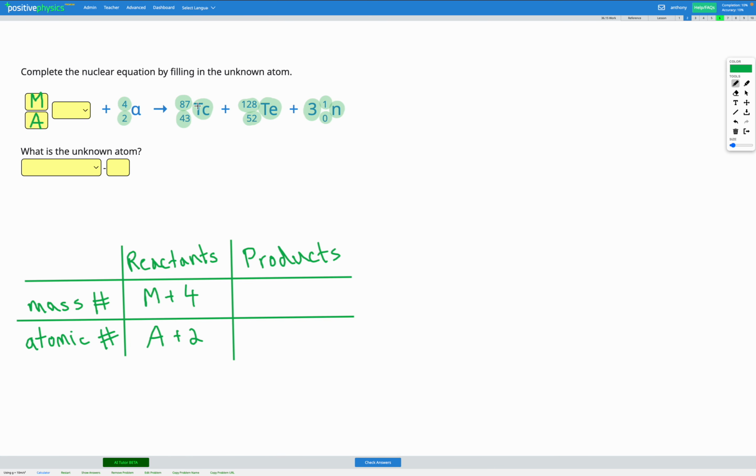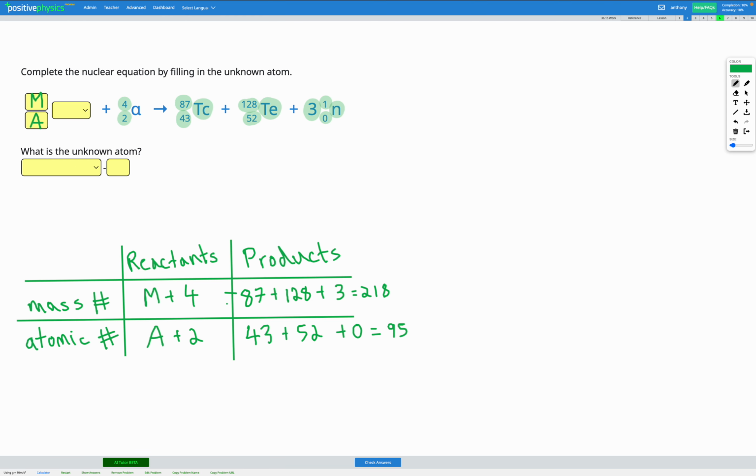So we want to go ahead and add up all the mass numbers here in our products. So it's going to be 87 plus 128 plus 3 times 1, which is just 3. Then for our atomic numbers, we've got 43 plus 52 plus 0. Okay, I'm going to go ahead and add all those up. For the mass, we have 218. And for the atomic number, we have 95.